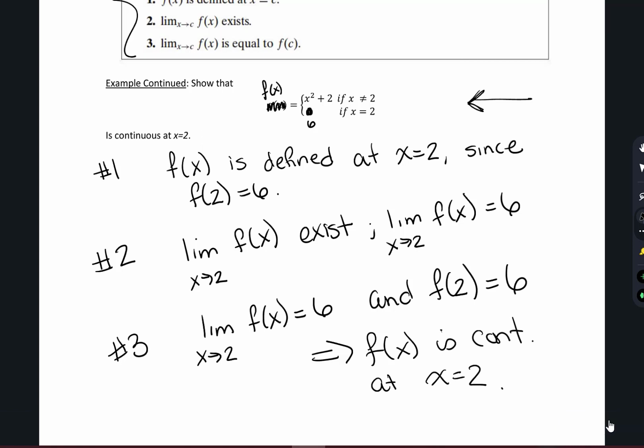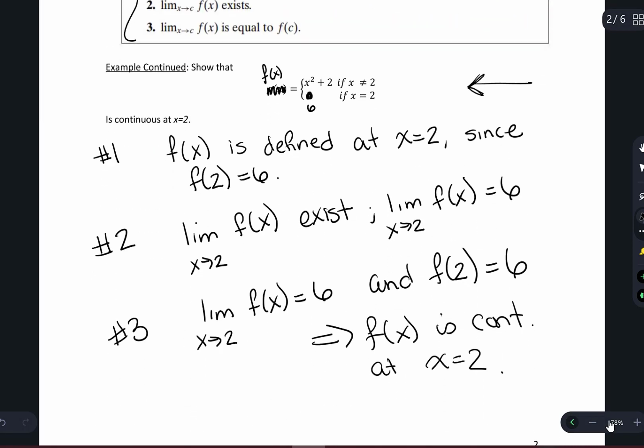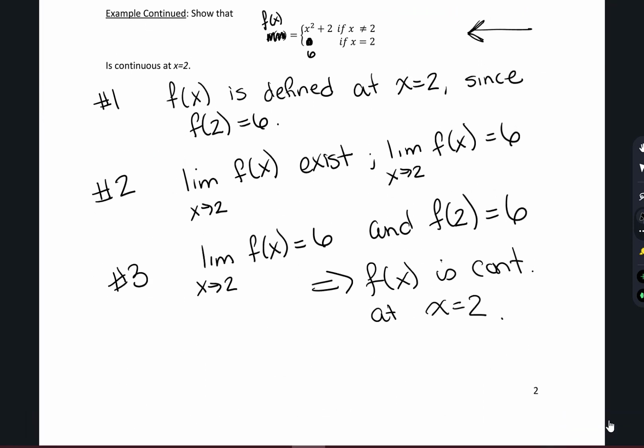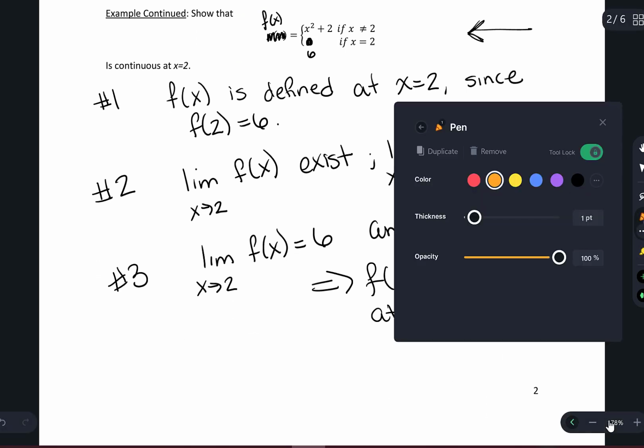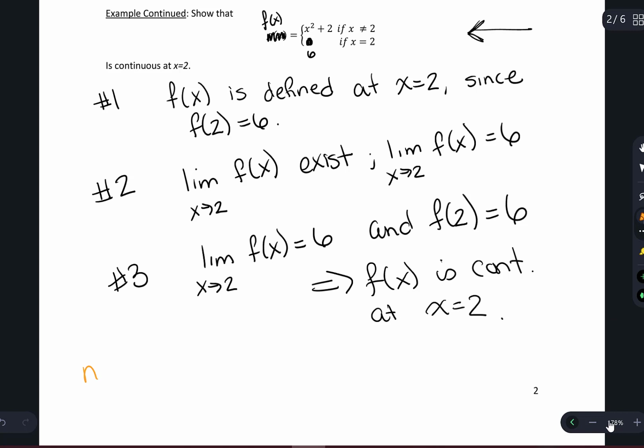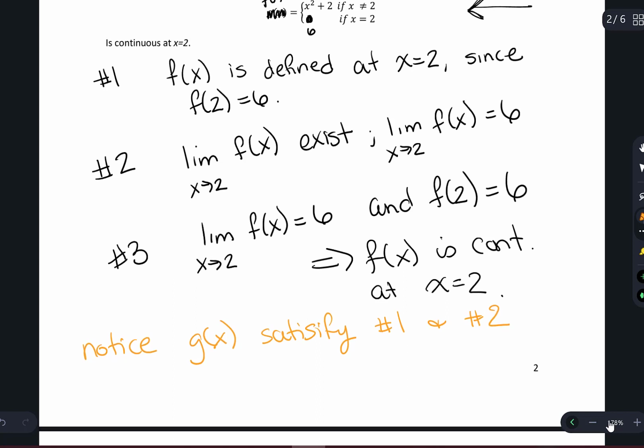Now, in contrast, if we look at g of x that we had on the previous page, let me change my pen color over to orange. So g of x on the previous page will satisfy number 1 and number 2. For number 1, notice that g evaluated at 2 was equal to 2, so the function exists at 2.